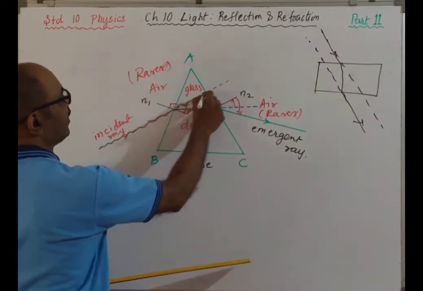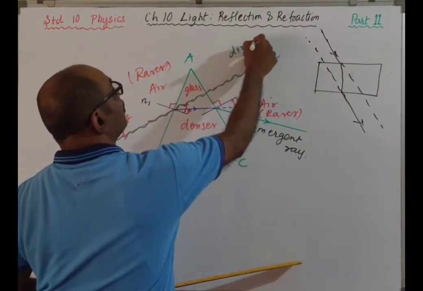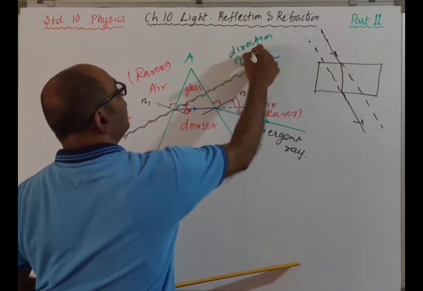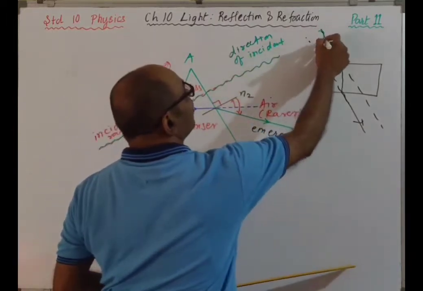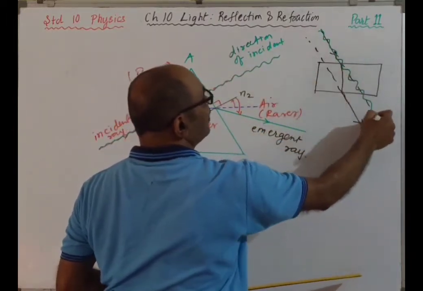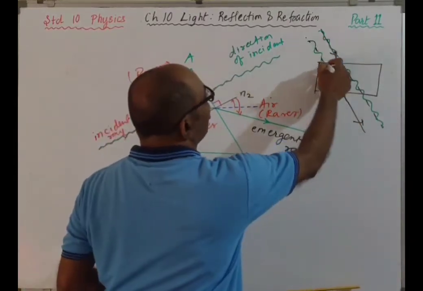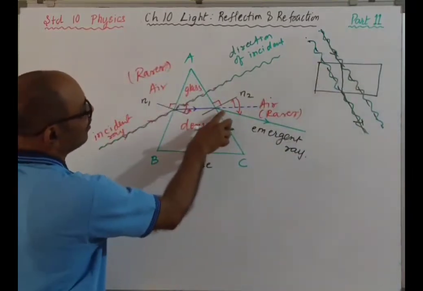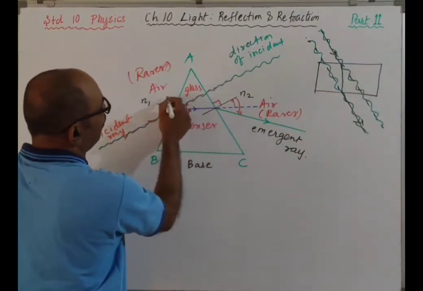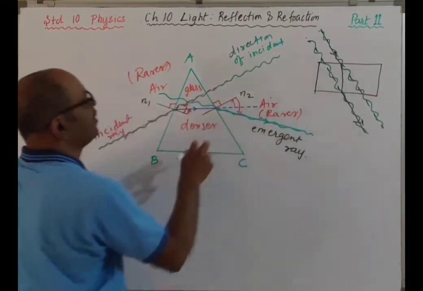This is the direction of the incident ray. And this is the direction of the emergent ray. They are parallel. Here, if I extend like this, this is the direction of the emergent ray.